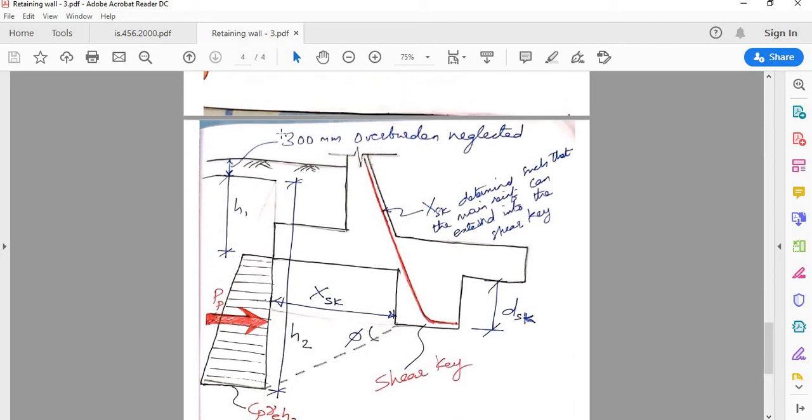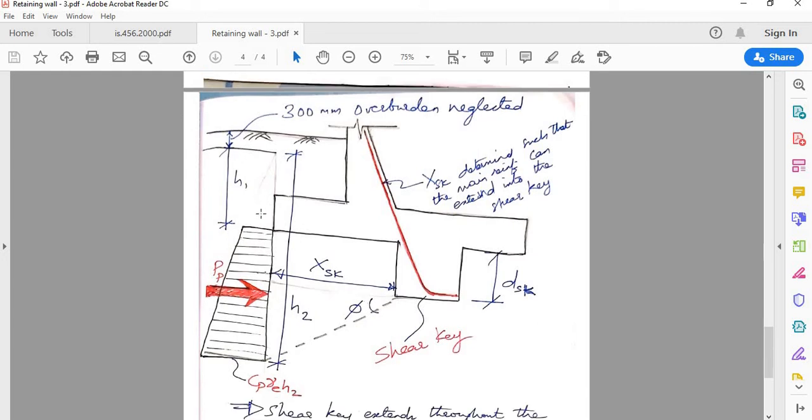Now first and foremost, researchers have shown that 300 mm of initial overburden is not significant. It will be loose topsoil, so we can neglect that. Plus the portion of passive pressure up till the toe portion, we have anyway neglected, as I discussed in the last lecture.